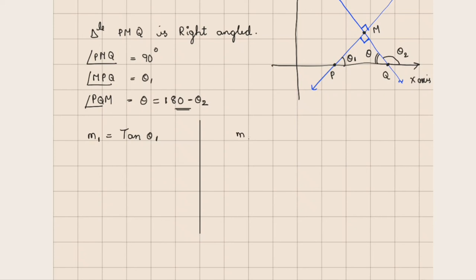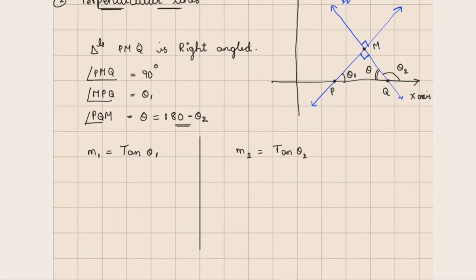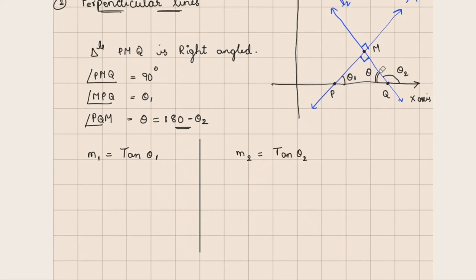Slope of line L2, which is M2, is equal to tan theta 2. Next, the sum of the three angles in a triangle is 180. So if you add these three angles, you should get 180.